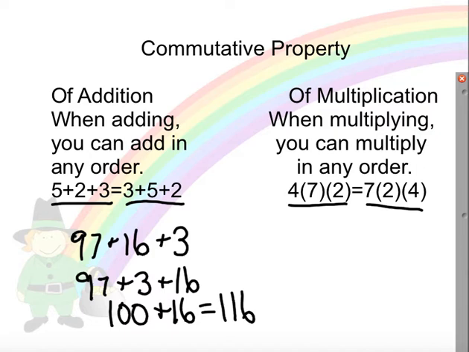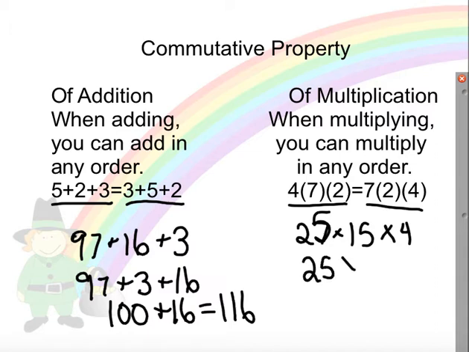Same thing with multiplication. Let's say we have a problem that says 27 times 15, or sorry, let me change this a little bit. How about 25 times 15 times 4? Well, I don't know about you, but 25 times 15 off the top of my head, it's not as easy as maybe 25 times 4. So I'm going to rearrange.